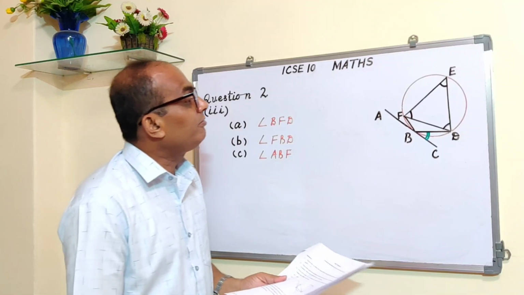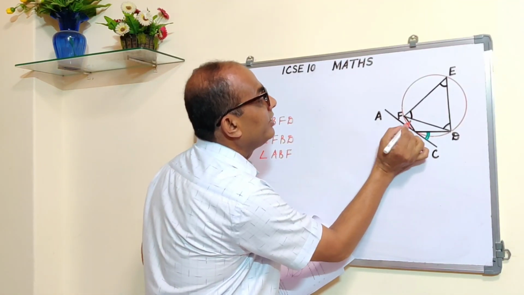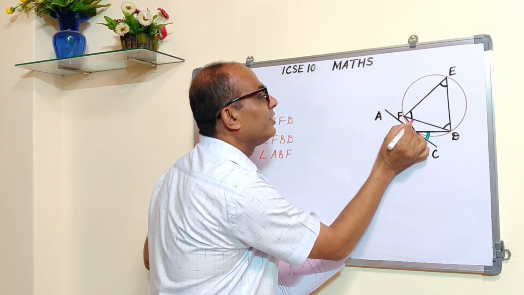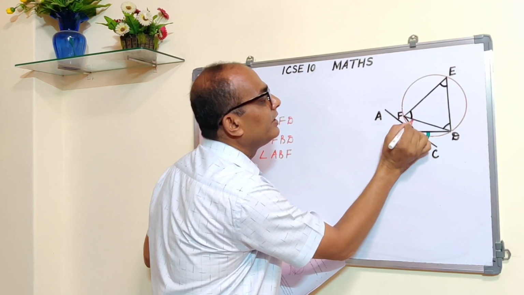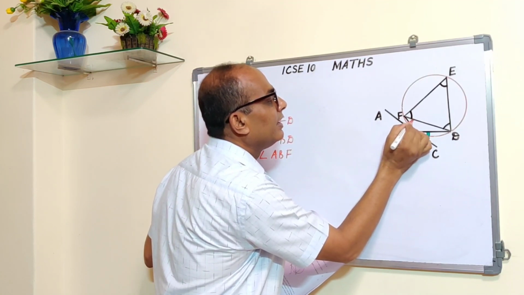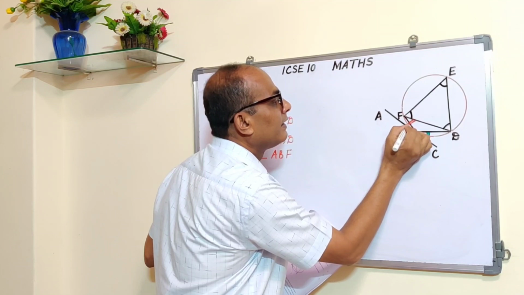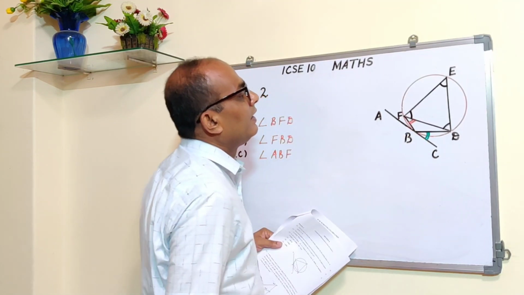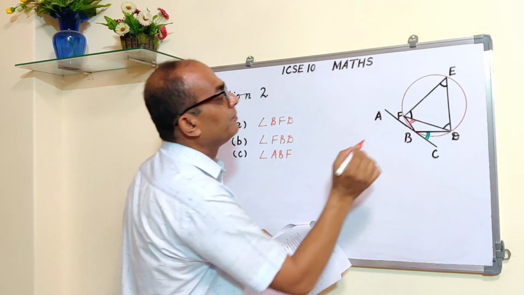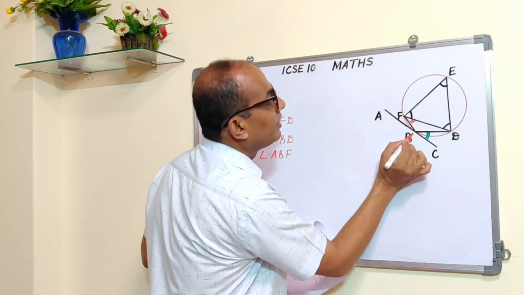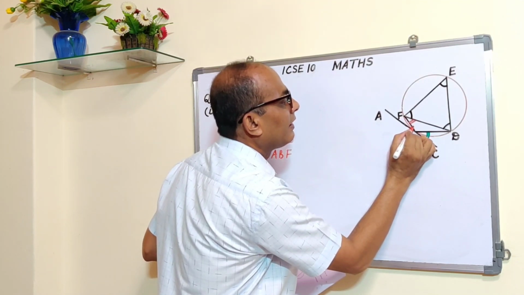Angle BFD. This question I'm marking in red. Angle BFD, this angle, double red line. Then FBD, this angle, single red.